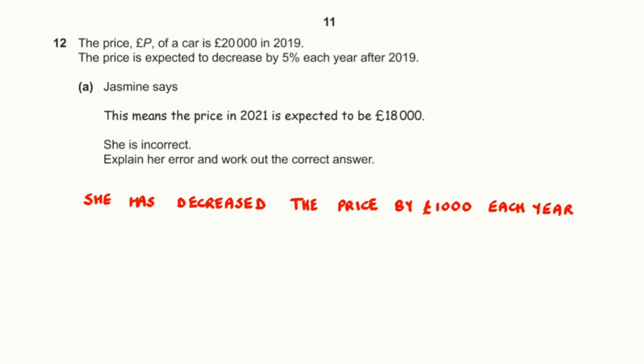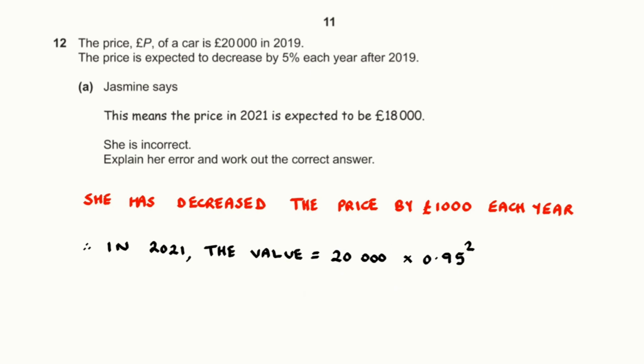So when we come to work out the correct value in 2021, the value is equal to our original amount, 20,000, multiplied by, if we're decreasing by 5% each year, our multiplier of 0.95, and then 2019 to 2021, that's 2 years, so we raise this to the power of 2. Now, this is what we need to work out.